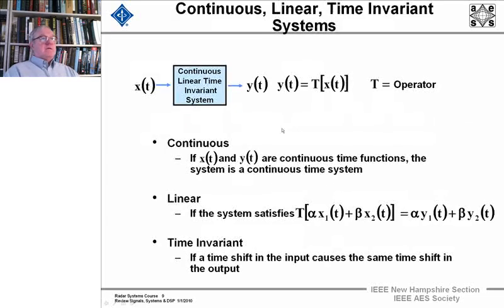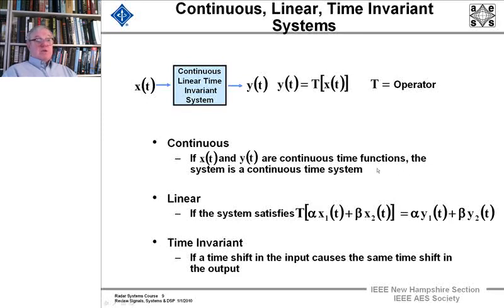Now let's define the concept of a continuous linear time invariant system. And define it this way. If we put a signal in that's continuous and we get an output y of t, then y of t is equal to an operator operating on this x of t. It is said to be continuous, linear, and time invariant if x of t and y of t are continuous functions of time.